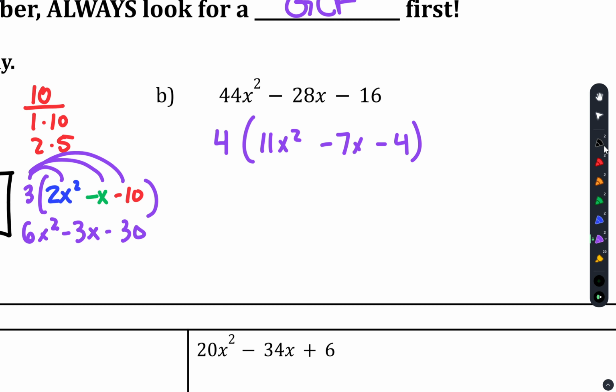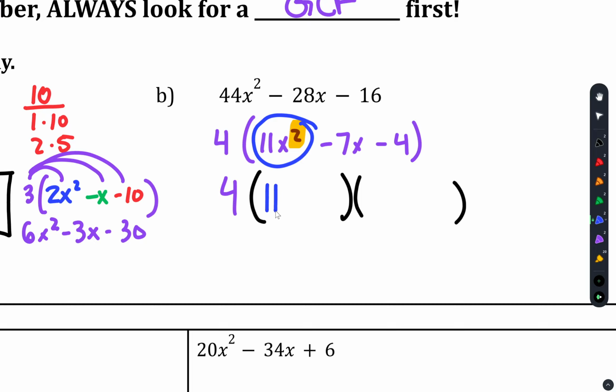Can I continue factoring? Yes, because I have a squared here. So then I drop my GCF down and I write 2 bubbles. Factors of 11x squared. Lucky for me, only 11 times 1 makes 11. So 11x and x. And then 4 is 1 times 4 or 2 times 2.